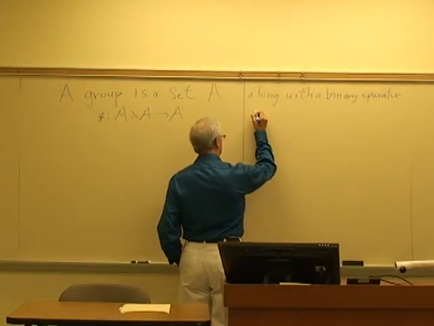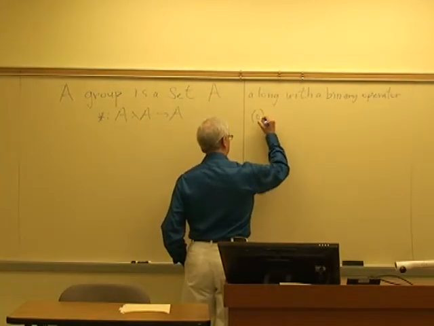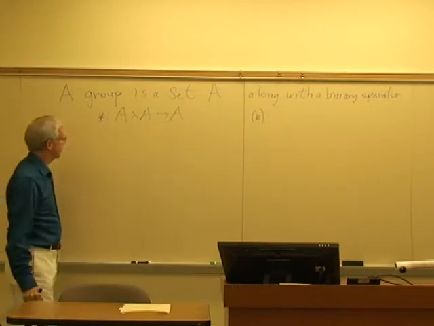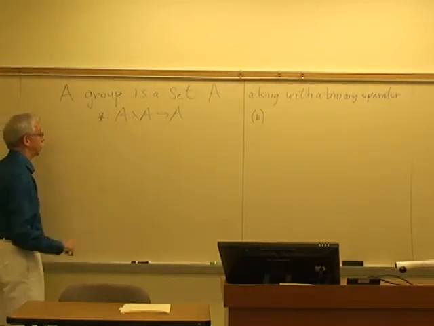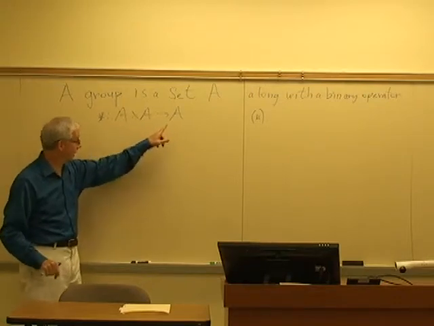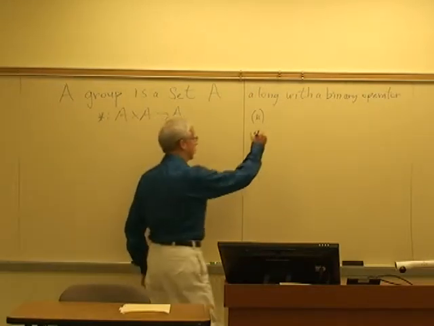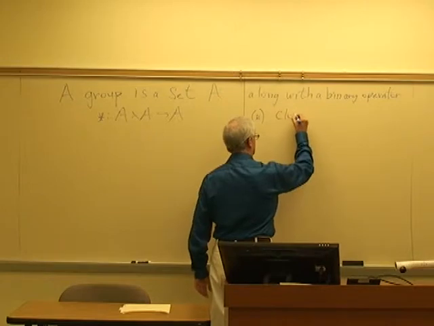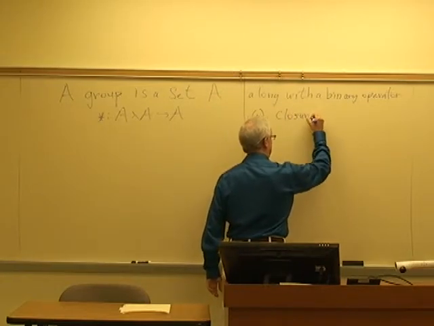And I'm going to list characteristic 0, the 0th one, is really implicit in the definition because this is a map from A cross A to A. The answer is always in A, but we're going to list this one first because we'll need it later.